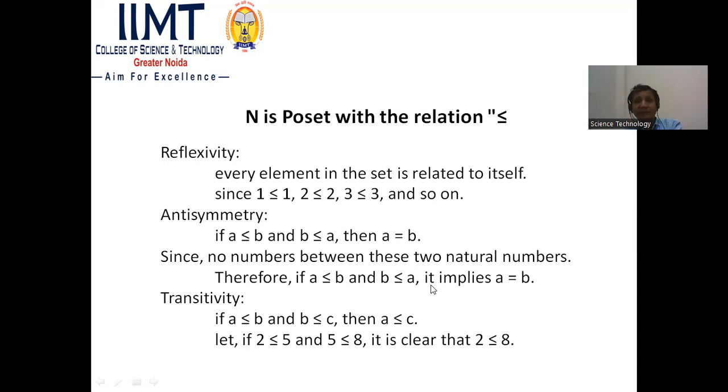So transitivity is also fulfilled. So we can say this relation of less than or equal to is a partial order relation, and this set N with this ordering is a poset.